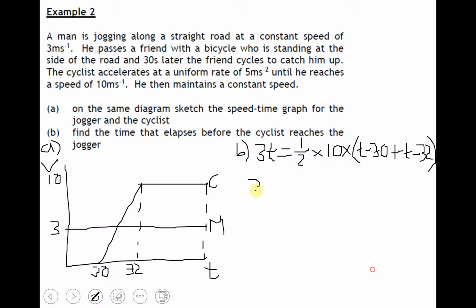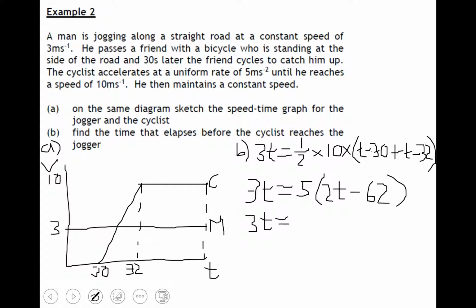So simplifying, 3t equals half times 10 is 5, t plus t is 2t, minus 30 minus 32 is minus 62, sorry, my error. Multiplying out, 3t equals 5 times 2t is 10t, 5 times 62 is 310.